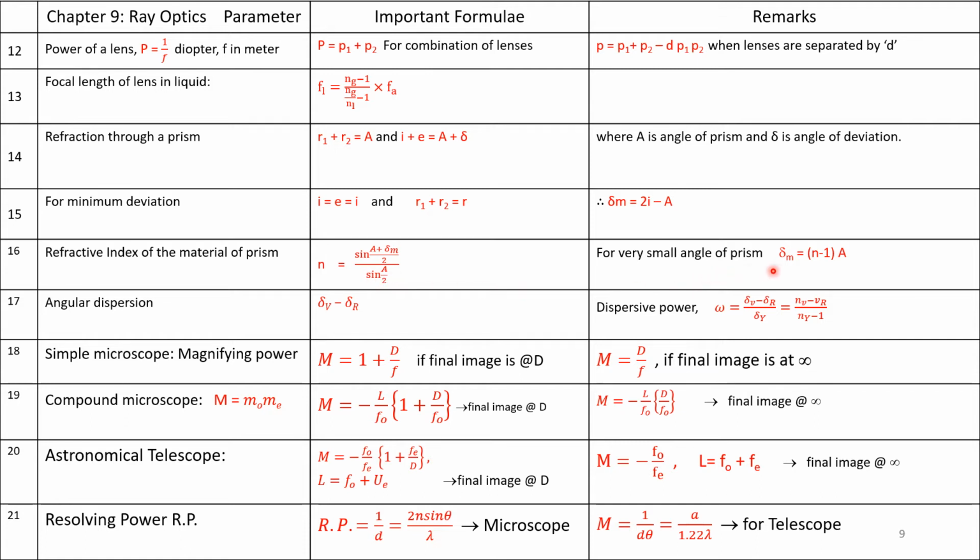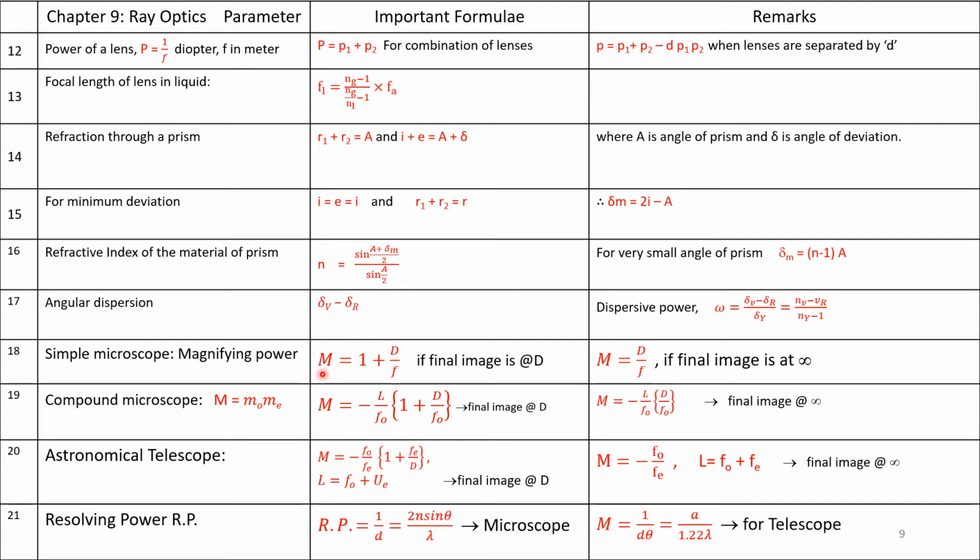For a small angle of prism, delta m is equal to (n minus 1) into A. Angle of dispersion is given by delta V for violet color minus delta R. In VIBGYOR, delta V minus delta R. The dispersive power is given by omega, that is omega equals (delta V minus delta R) divided by delta, that is equal to (NV minus NR) divided by (NY minus 1), where NV is the refractive index for violet color, NR is the refractive index of red color, and NY is for yellow color.